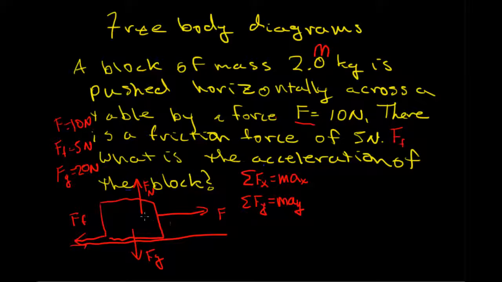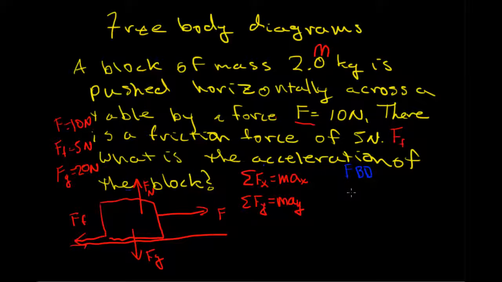Now, when we draw these diagrams, if there are multiple objects, there can be forces acting on different things. Here, all of the forces are acting on our object of interest, and that's good. We haven't drawn forces acting on the ground due to the block, for example. So our next step is to draw a free body diagram. I'll put a free body diagram up here.